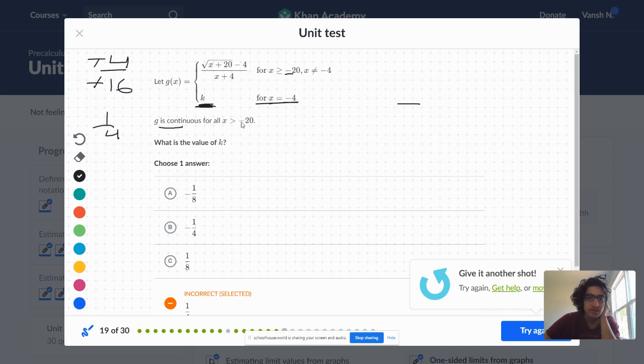For everything besides x equals -4, this is the expression, right? So then don't we need to find the limit as x goes to -4 of this? And then that must equal k. So what did I do?